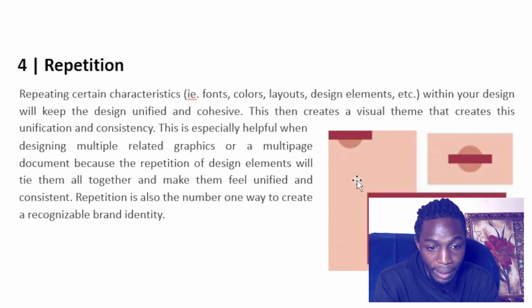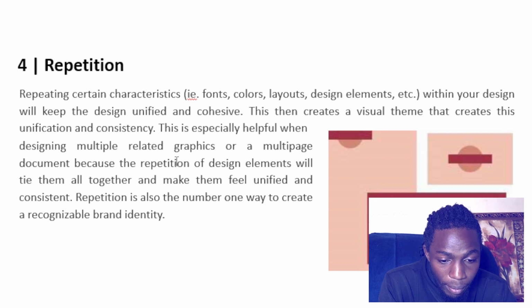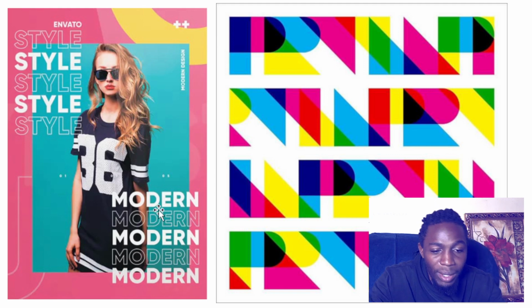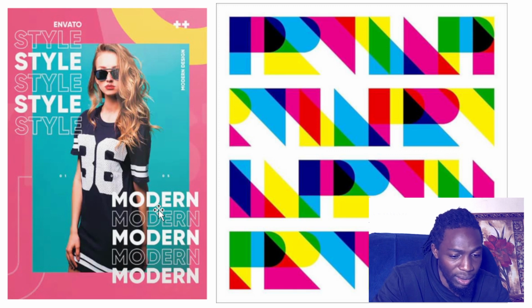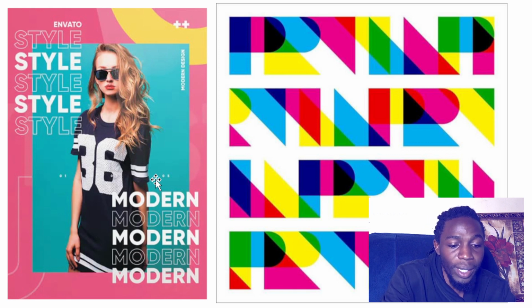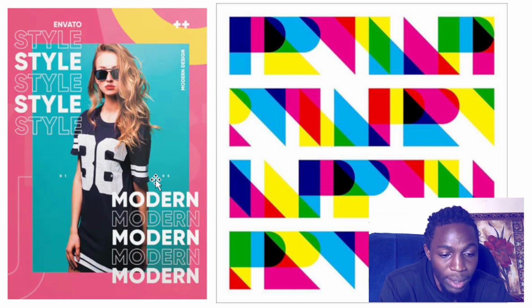Now, for example, we have this repetition of the word style. You can see it creates some kind of professionalism and a unique design. We'll see more of these when we come to the practical. I'll show you practical examples whereby you'll understand very well.